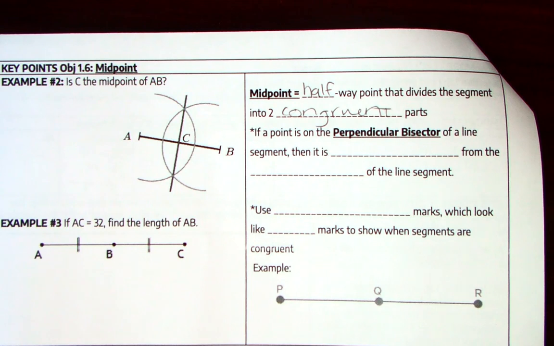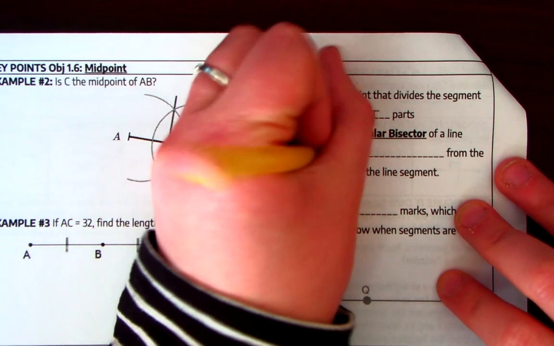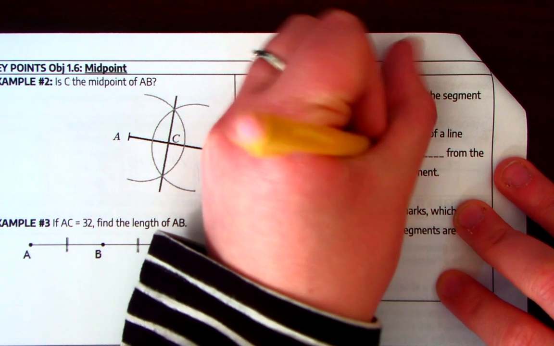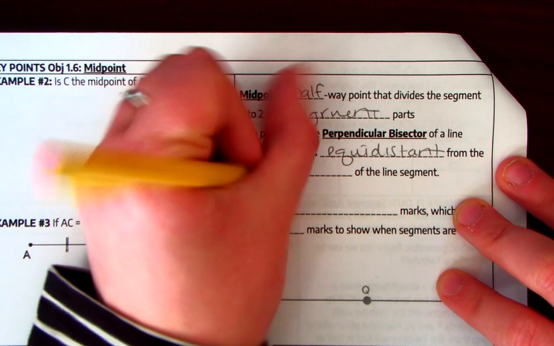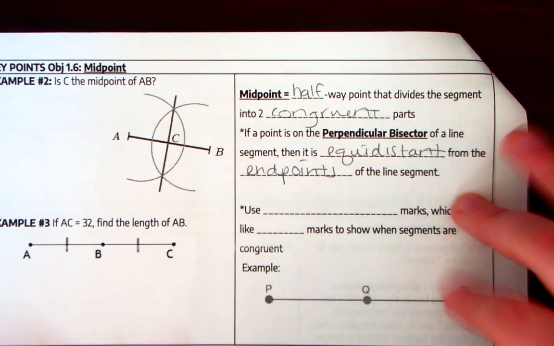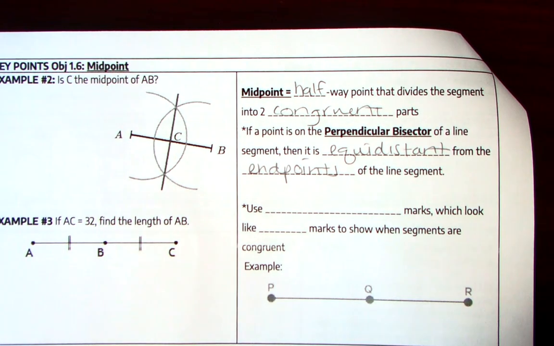A way that you can tell if something is a midpoint is if that point is on the perpendicular bisector of a line segment, then it is equidistant from the endpoints of the line segment.